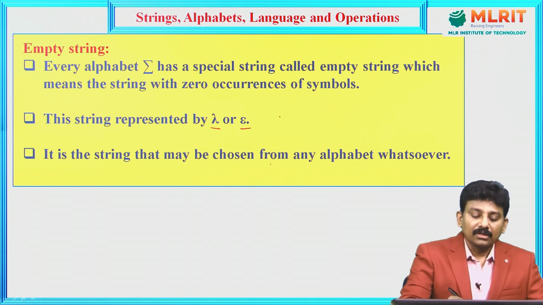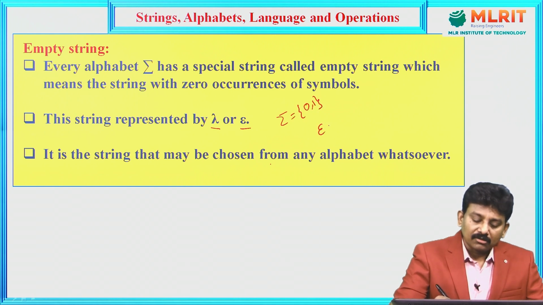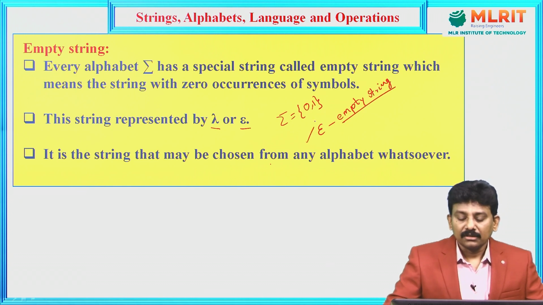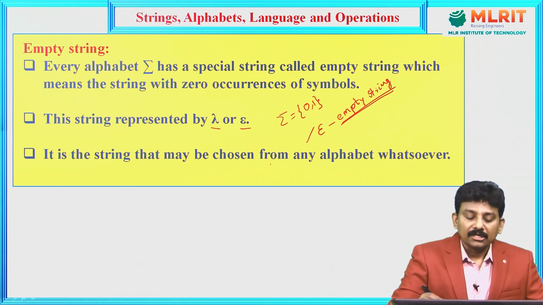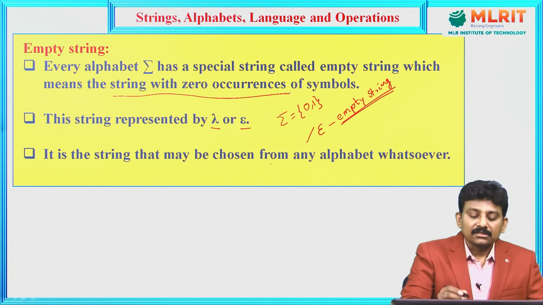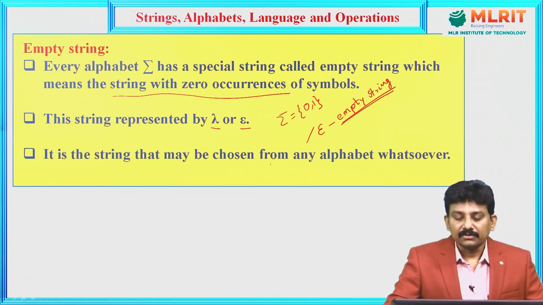For example, if the given alphabet is 0, 1, the binary alphabet, epsilon is an empty string. Empty string is represented by the symbol epsilon. What is the empty string? The empty string is a string with 0 occurrences of symbols, that is no symbol within the string.